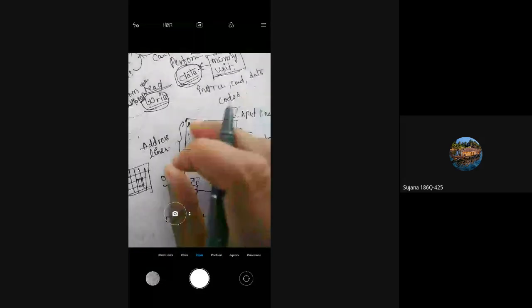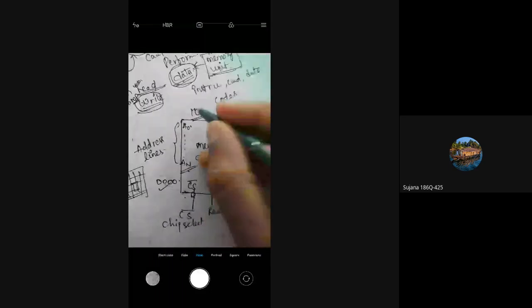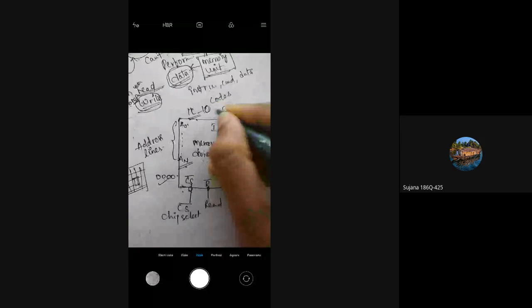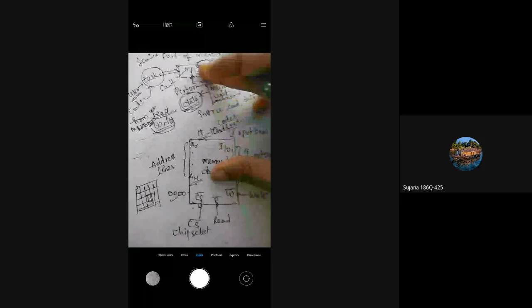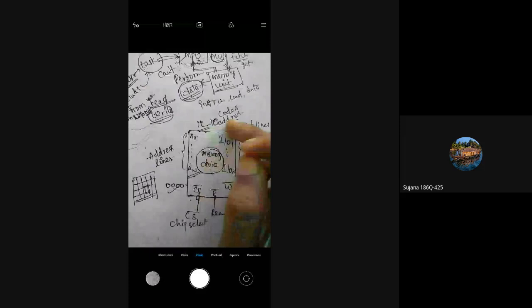If the memory capacity of this memory device is 1K, then we will need 10 address lines, A0 to A9, in order to communicate with this MPU unit and establish the access between the microprocessor unit and this memory.